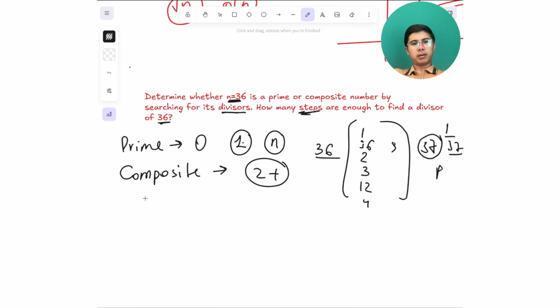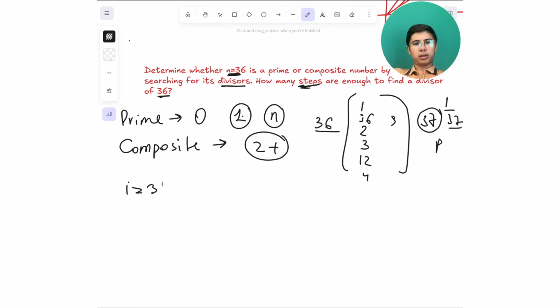So let's see the mathematical form. Input is 36, and we can see its divisors, which are 1, 2, 3, 4, 6, as well as 9, 12, and then 36. It means 36 is a composite number.